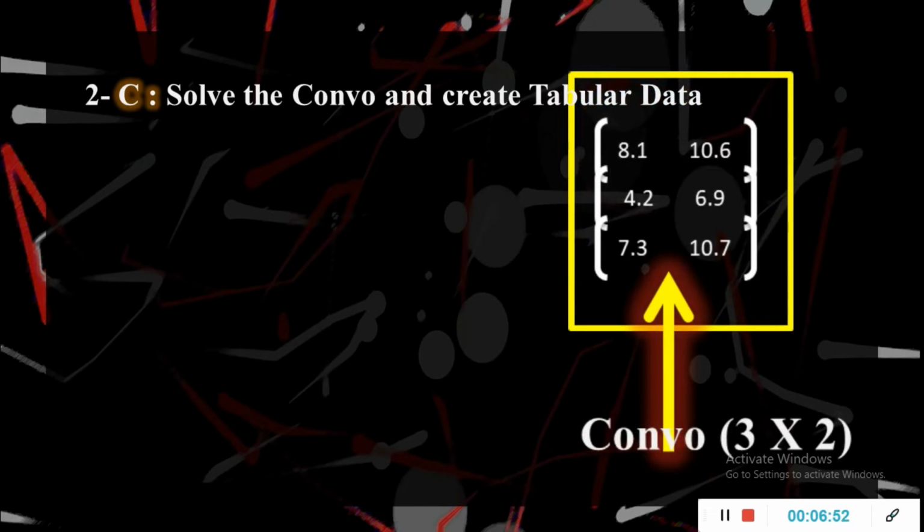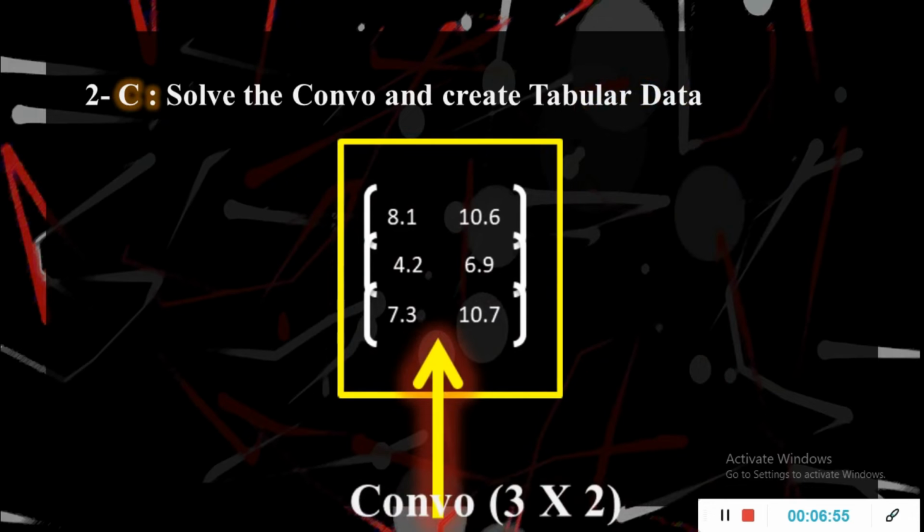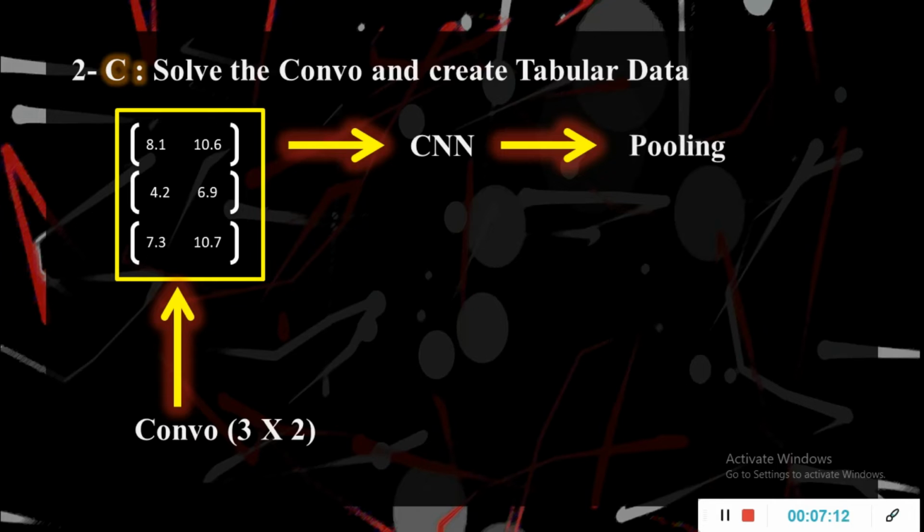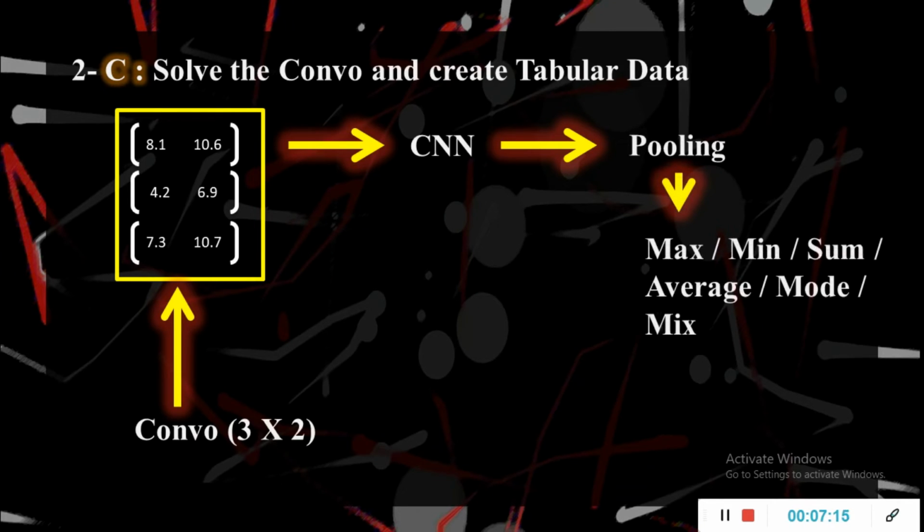This convo can be solved using convolutional networks, as we have solved image data processing using CNN, but here we are going to use some basic, direct method called pooling. Pooling can be maximum, minimum, sum, average, mode, or a mix of these. For example, you can do average for numerical data in the vector, and for categorical data you can take the mode.